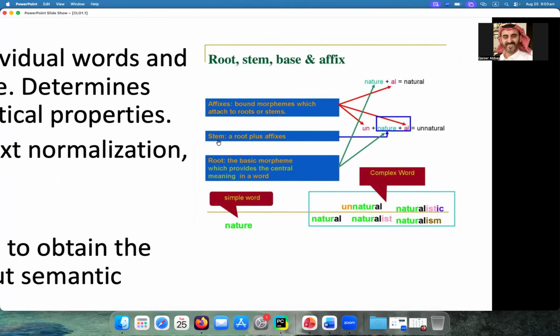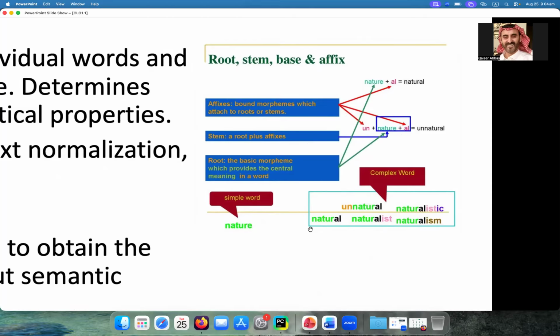What is a stem? A stem is also a root. What is a lemma? A lemma is also a root. But a lemma has meaning, while a stem sometimes has no meaning. A stem can have a meaning or sometimes not, but a lemma always has meaning. For example, in unnatural, this is the prefix, this is the suffix, and I can call it an affix. And this green part is the stem.